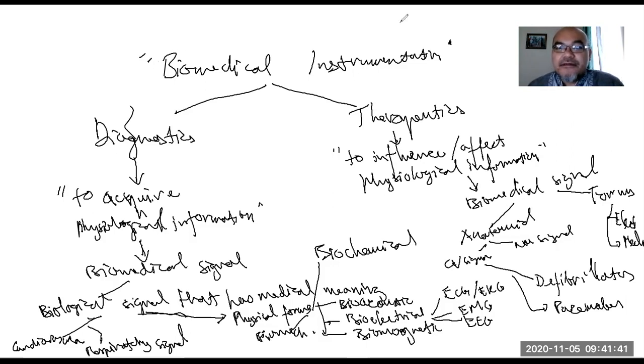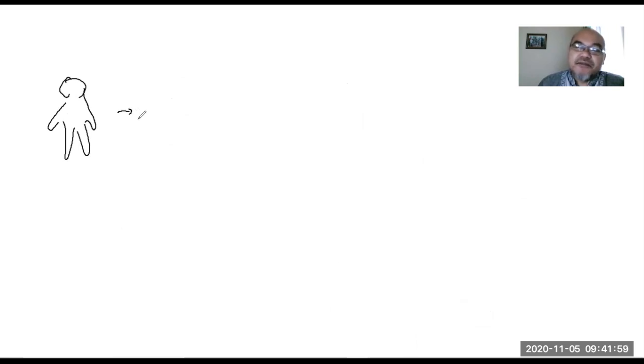So let me save here first. Okay, then, based on this, the device itself mostly, if this is the person's body, first is the signal from the person's body, any biomedical signal, which will be captured by the sensor.